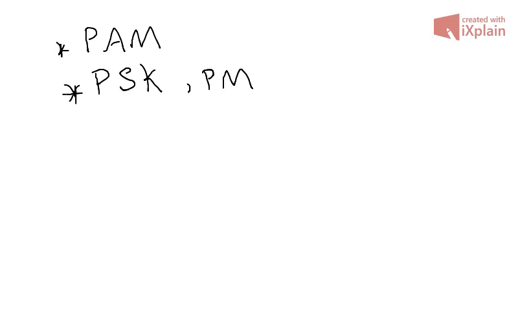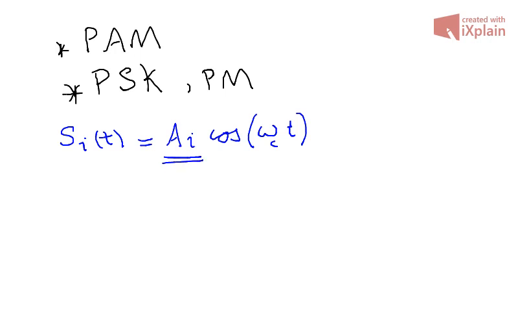If you go back to your previous lectures, we represented the PAM signal in a generalized form, with amplitude A_i, times cos(omega_c t). A pulse amplitude modulated symbol differs from another symbol by the amplitude A_i. We are discussing PAM here.